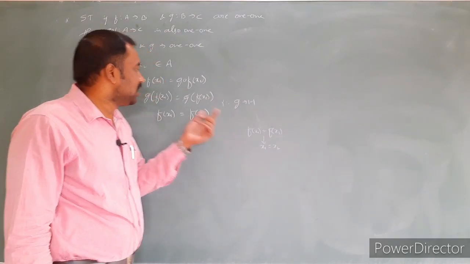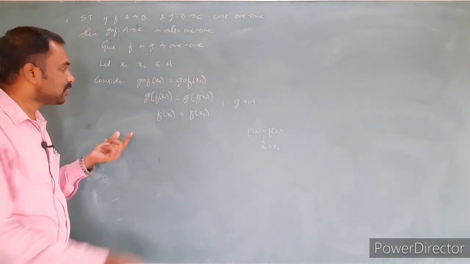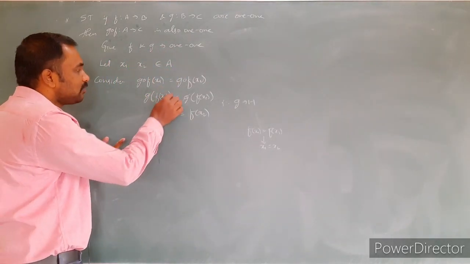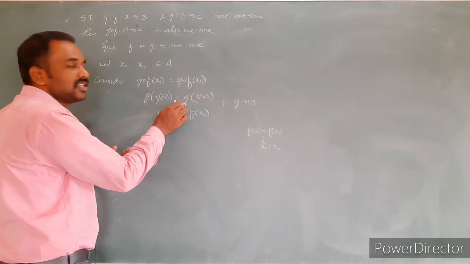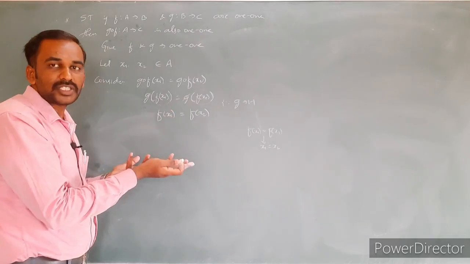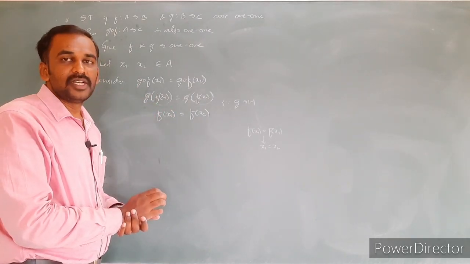But here they have only given that g is 1-1. This is one element under the function g, and this is also one element under the function g. So those two elements must be equal because g is 1-1. That's all: f of x1 is equal to f of x2.